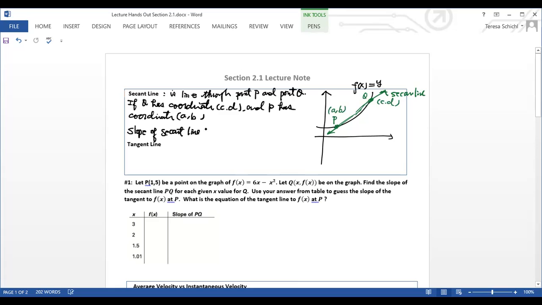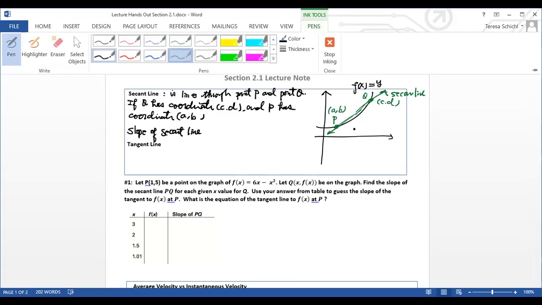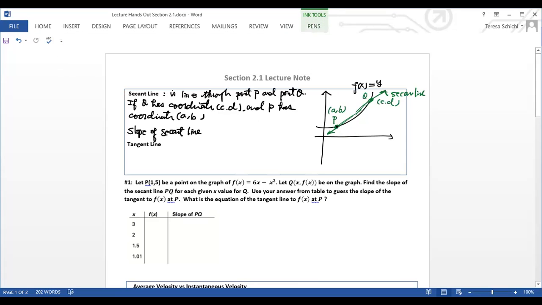The secant line goes through 2 points. Here this coordinate is a, and this height is b, then this is c and this is d.